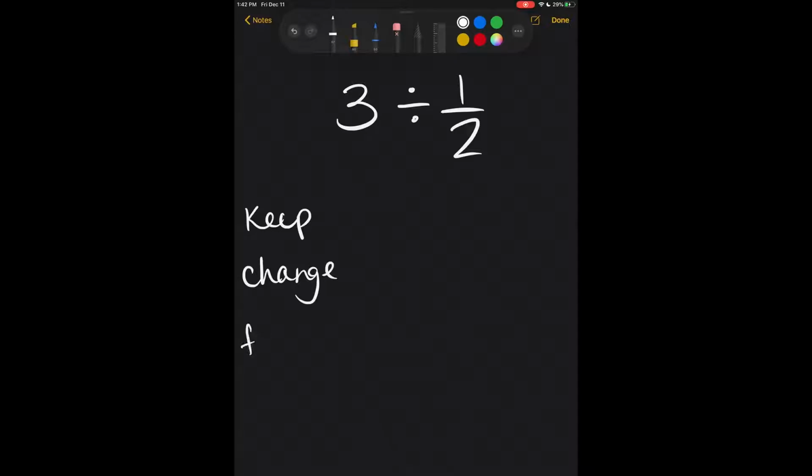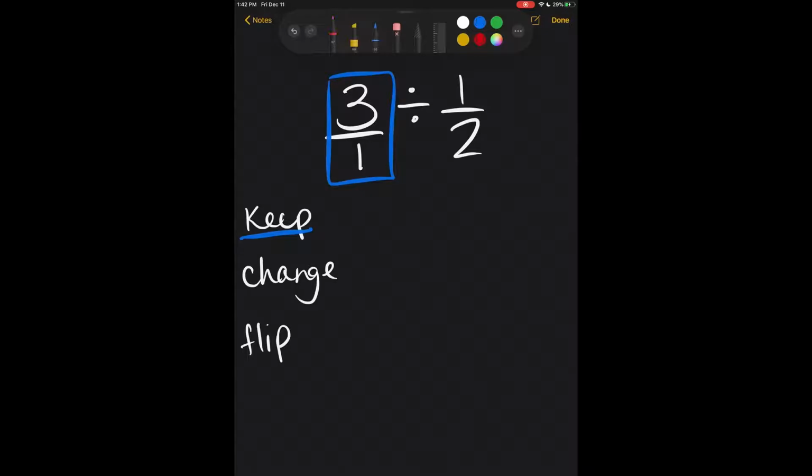Let's look at another one. Let's say I've got a different problem this time, same numbers. Let's say we've got 3 divided by 1/2. Right? We have to remember, keep, change, flip. So I keep my first number. My 3 needs to become a fraction though, so I put 3/1. So I keep my first number.